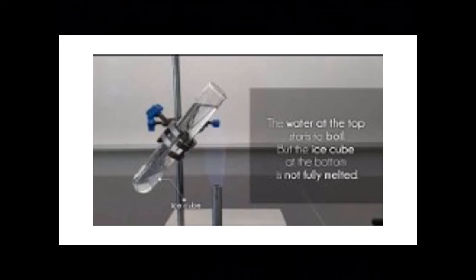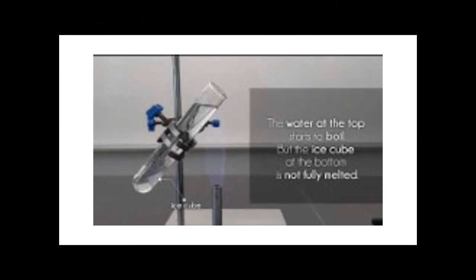So that video there hopefully demonstrates the poor conductivity of water. What was happening was that an ice cube was kept in the bottom of the test tube with some netting, because usually ice will want to float to the top of water because ice is less dense than water.